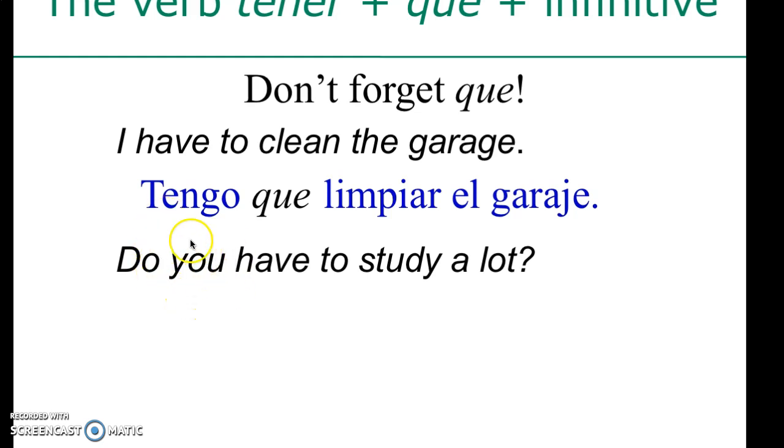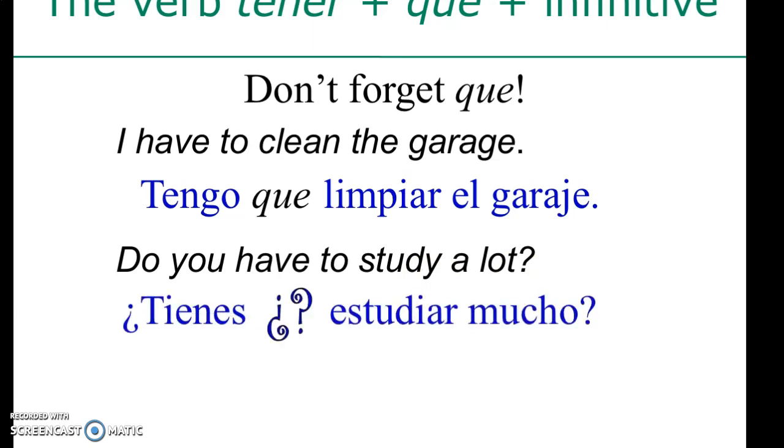So what conjugation of tener would you use for you? And of course, that would be tienes. And then we need to put our que, and then we've got to study. So what's our verb for study? Okay, did you come up with it? Tienes que estudiar mucho.